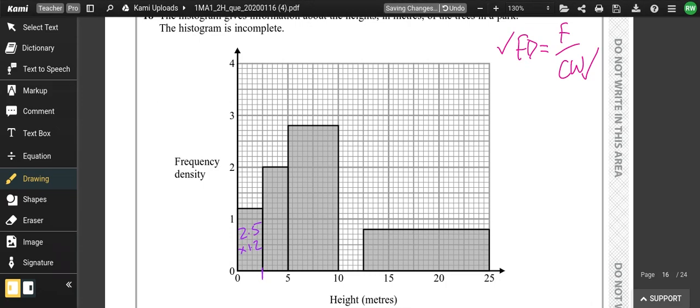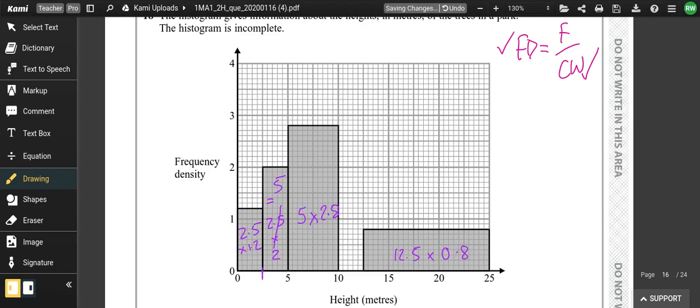The second one is 2.5 times 2. So that's 5 in there. This one is 5 times 2.8. And then the final bar is 5, 10, and halfway is 12.5 times 0.8.